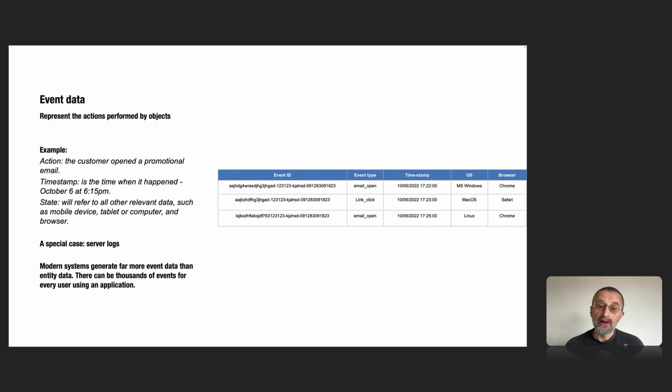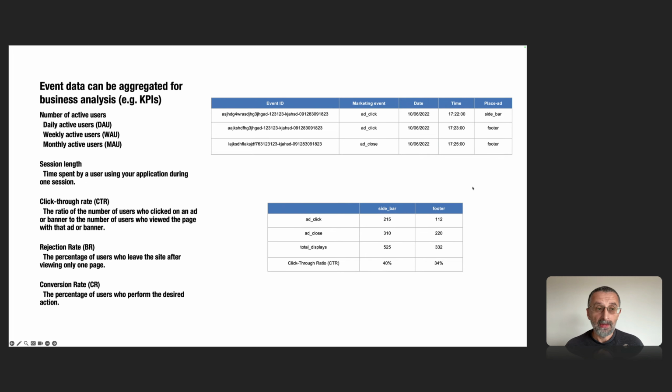So as you can see, we have entity data which represent the user state and event data which represent the user actions. Okay, and event data has an event ID, event type, timestamp, and some extra metadata. Next, a very important fact.